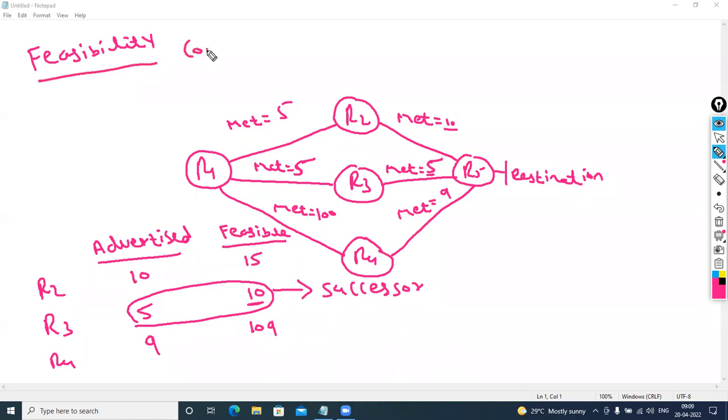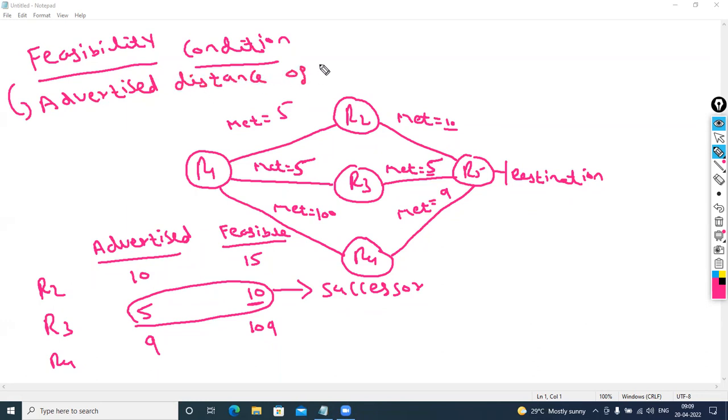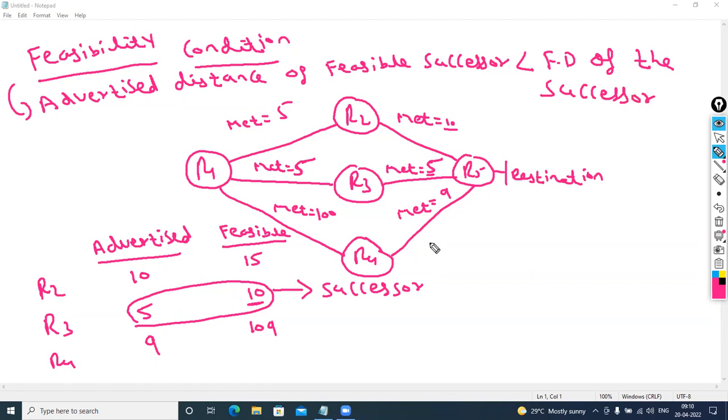There is a feasibility condition for a route to become the feasible successor. What is the condition? The advertised distance of the feasible successor should be less than the feasible distance of the successor. Now check the condition.